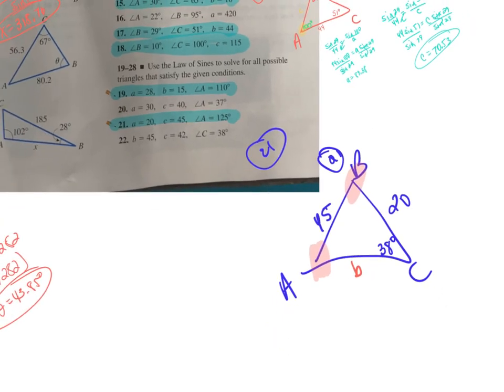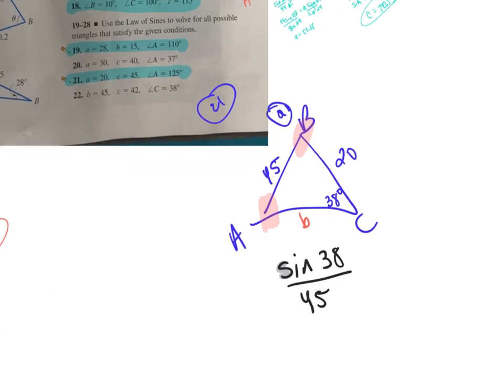But the first thing I'm going to do is identify that sine of 38 over 45 is a proportion I can start off with because it's the angle and the side of C. So I'm going to say, the sine of B, and what's the side across from B? Oh, we don't know that yet. Sorry, we'll do sine A. Sine of A over side A is 20.